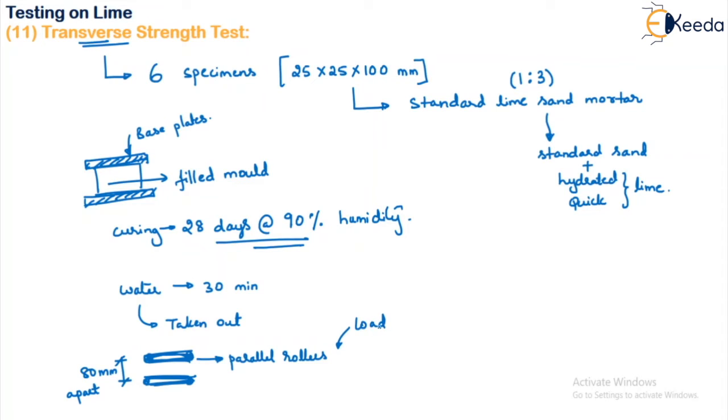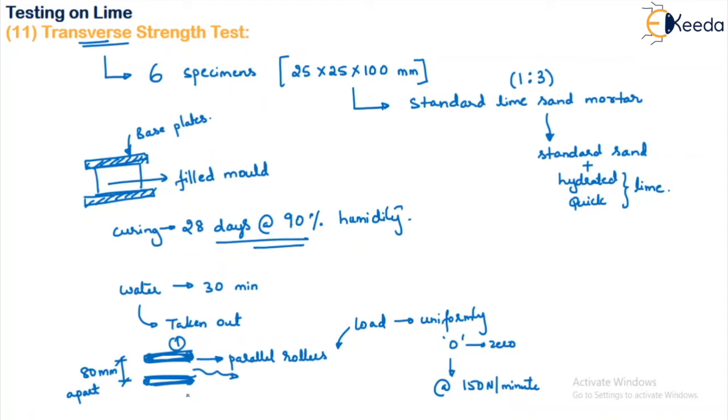Now how is this load applied is, generally we take up a uniformly increasing load. We will start at 0 and go on increasing at a rate of 150 Newton per minute through a third roller which will be there.